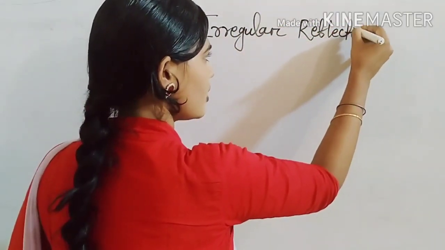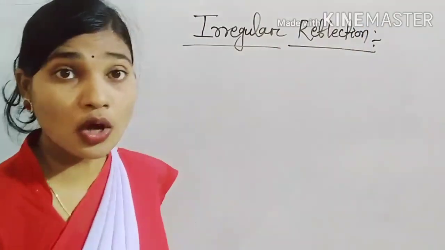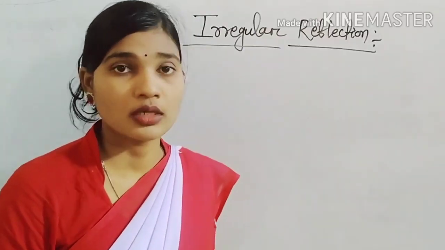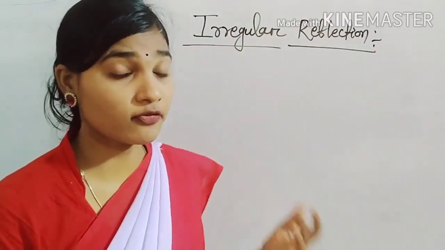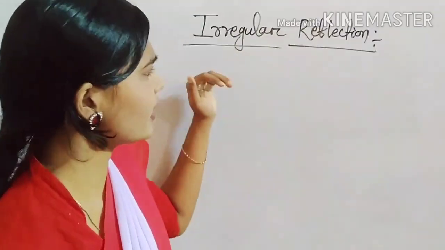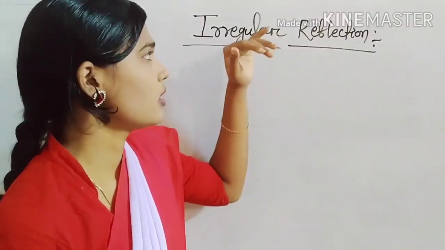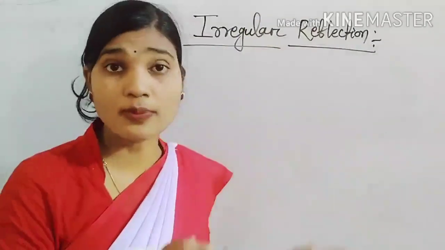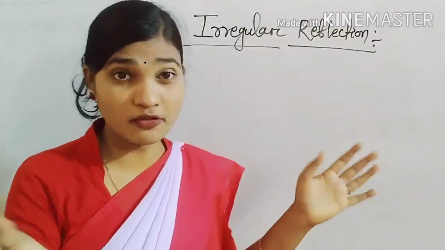So what is irregular reflection? When light rays fall on a rough, irregular reflecting surface, they get reflected in different directions.